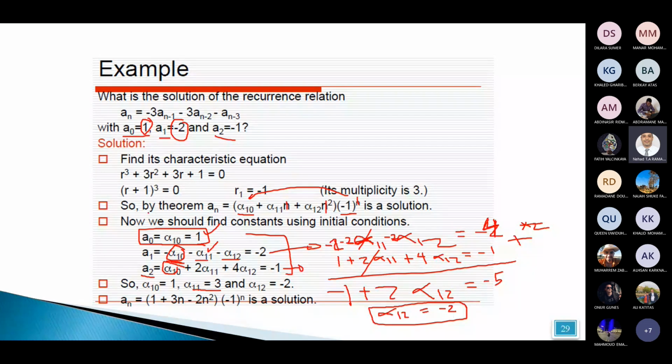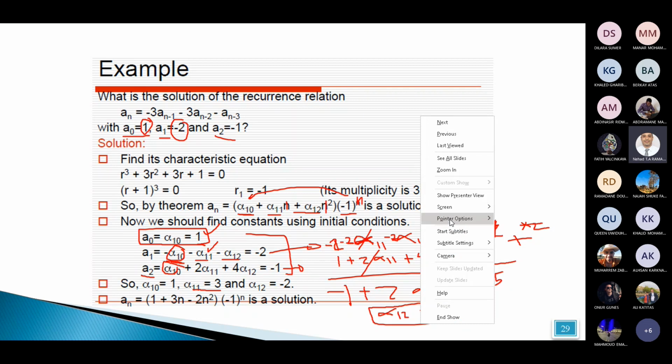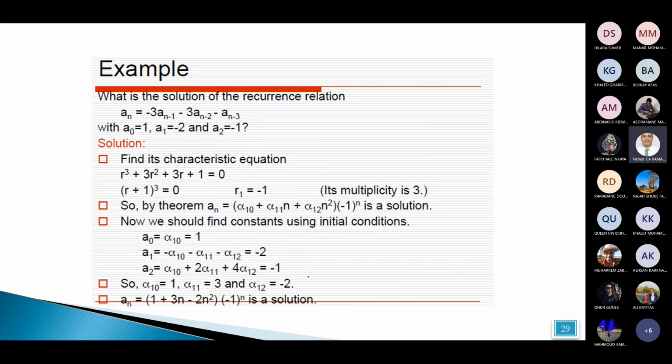Then put the numbers here. So it's 1 plus 3n minus 2n^2, multiplied by (-1)^n. This is the solution for this recurrence relation.